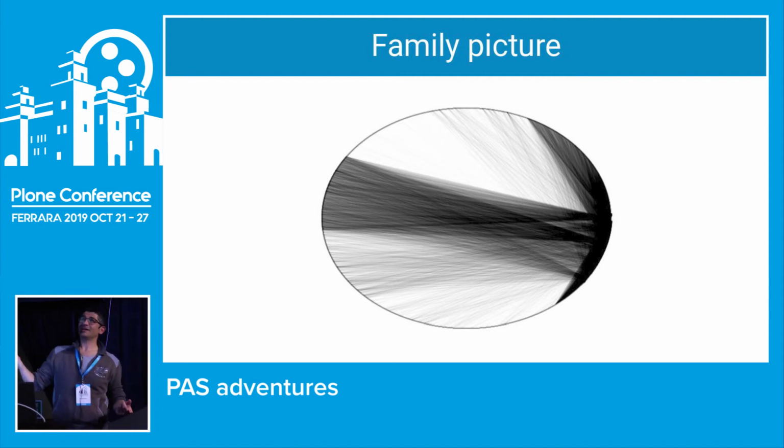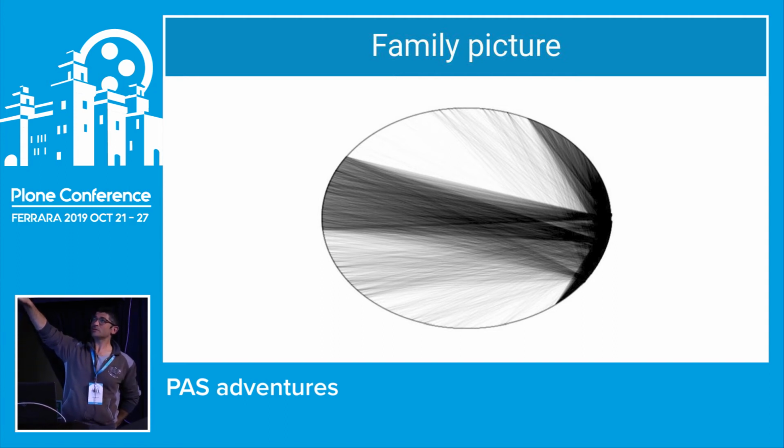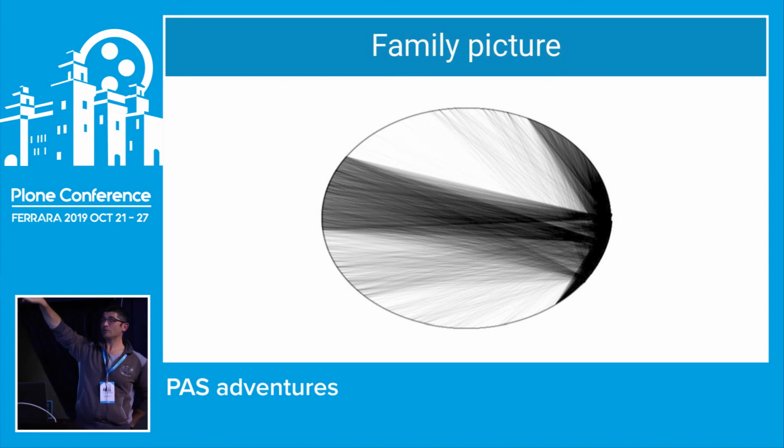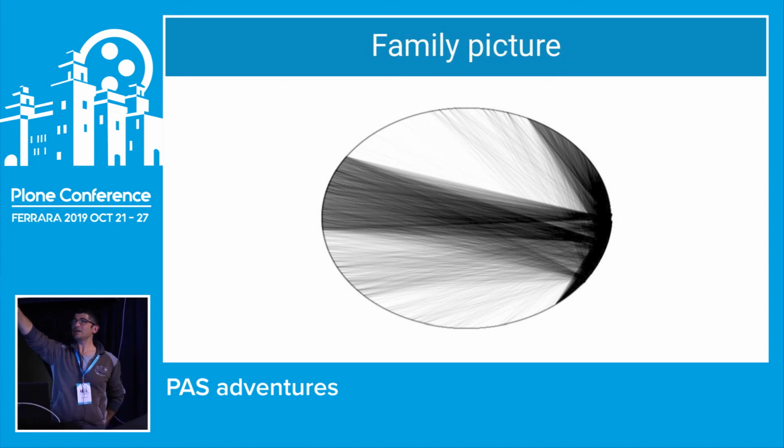So the connections between the points in the ellipses and the point where the lines focus are group memberships. So you see that there were few users where all the lines focus, and basically the lines start from a few groups where they had admin permissions.